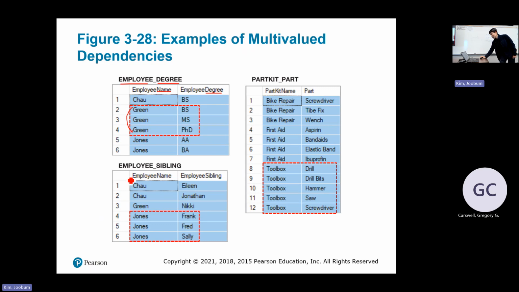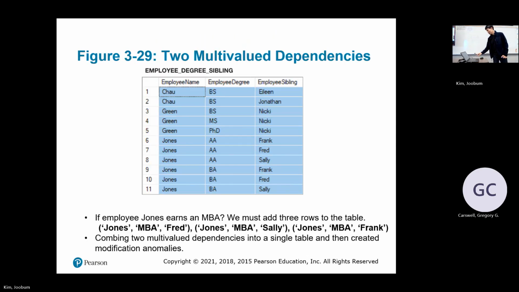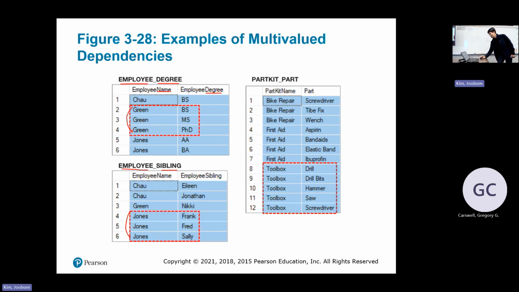How about employee and sibling? Jones has 3 siblings, Frank, Fred, Sally, for example. When you combine those two tables into one, we can make this kind of table. For example, Jones has 2 degrees and 3 siblings.